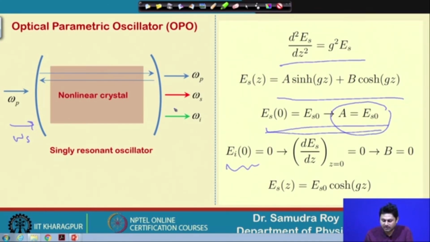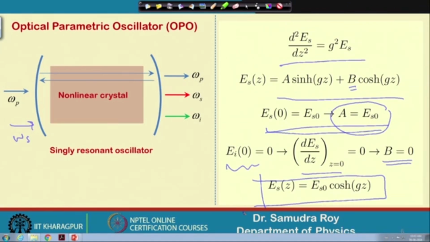Then, in order to evaluate B, we take the derivative of that quantity at z equal to 0, which is 0. That suggests we have B equal to 0. So, we finally have our old expression that we have been using for the last few classes: the signal is going to increase, and the evolution of the signal is going to be in the form of cosh(gz).